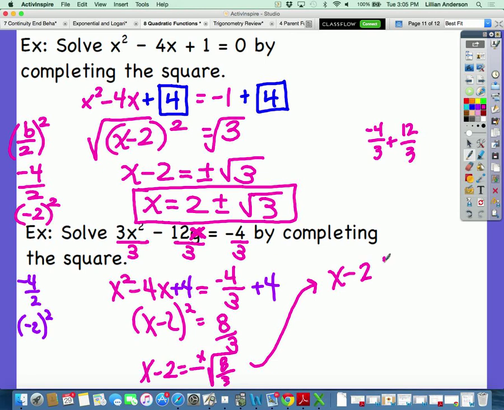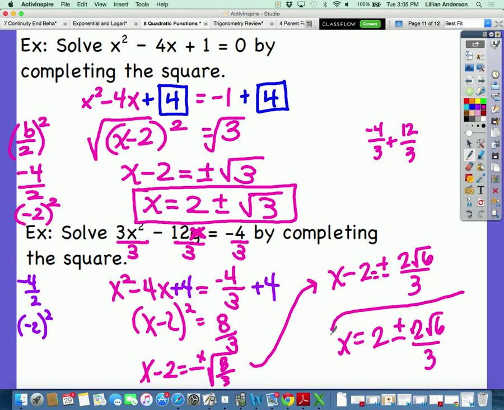Alright. So this is what we have after we simplify that radical. And then we add 2. So 2 plus or minus 2 root 6 over 3.